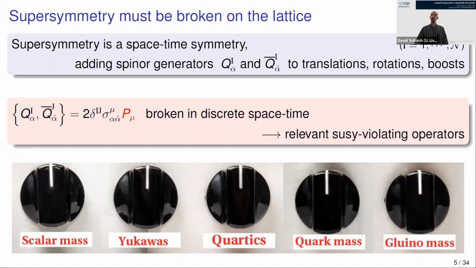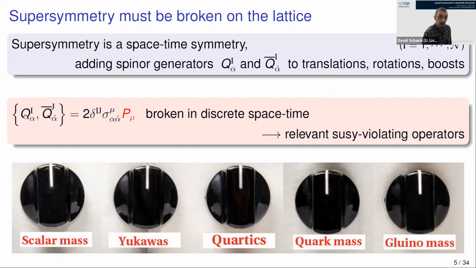It is an extension of that Poincare group of translations, rotations, and boosts that adds spinor generators, what I've called here Q and Q bar, that have an index I that ranges from 1 up to some number, a different N. We will see N equals 4 super Yang-Mills in some detail a bit later.